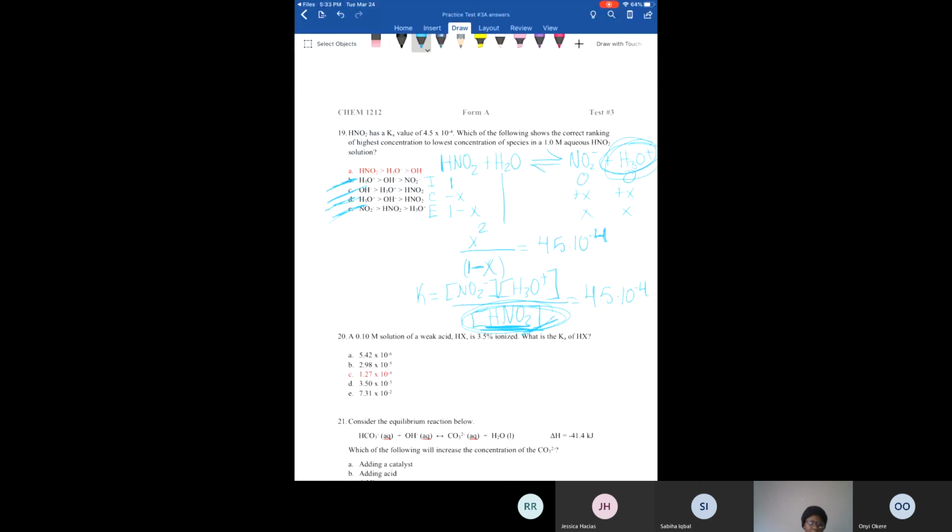NO2 minus is equal to H3O plus because they're both x. So it's going to be A. The Ka is less than 1, so it favors reactants, you're going to have more reactant than product, and it's an acidic solution, so you're going to have more H3O plus.